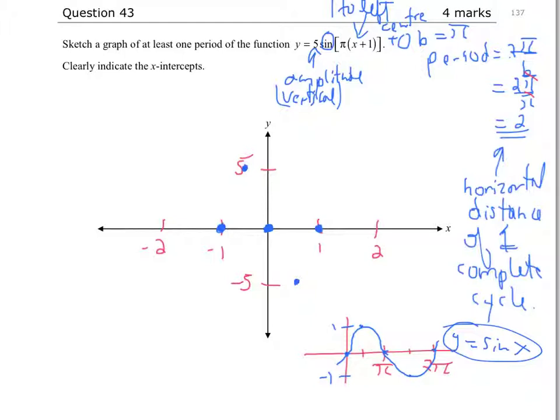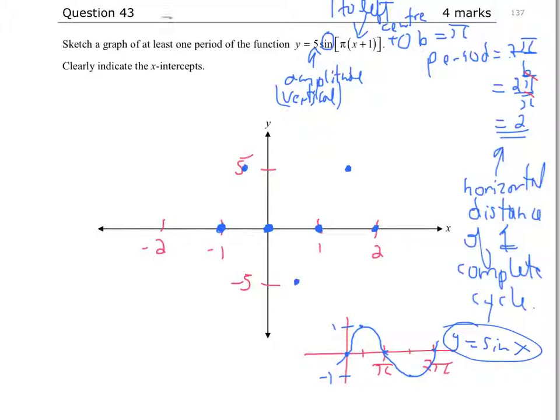If you want to continue on, you can. So I'm going to put another point right here at approximately 1.5. And I'm going to put a final point right here at positive 2.